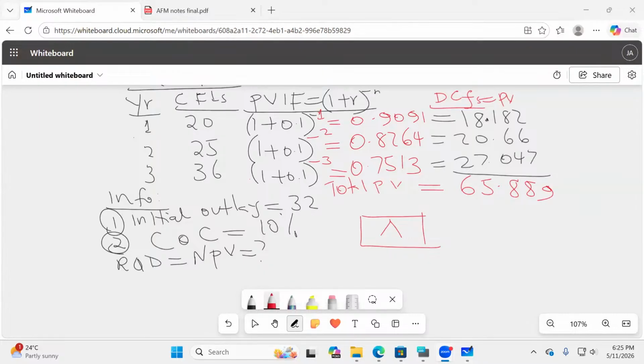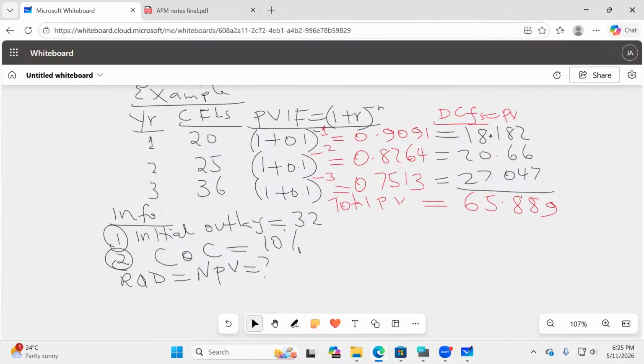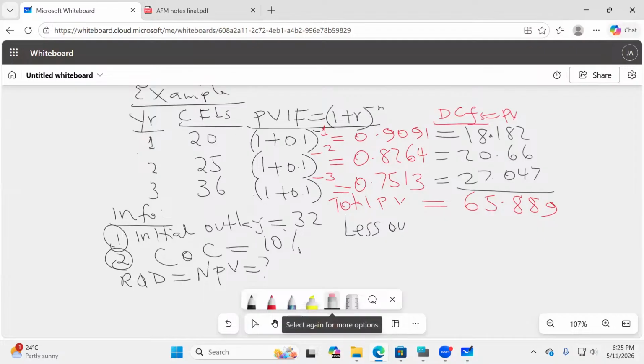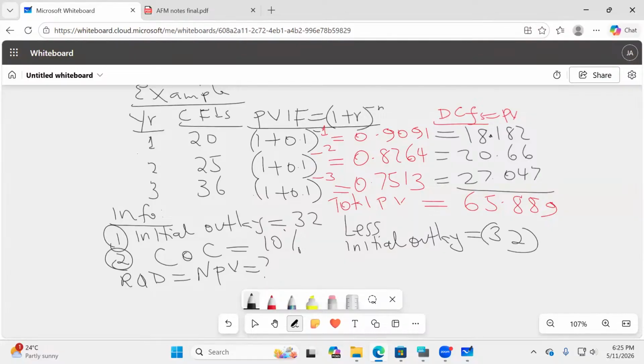So subtract the initial outlay, which was given to us as 32.